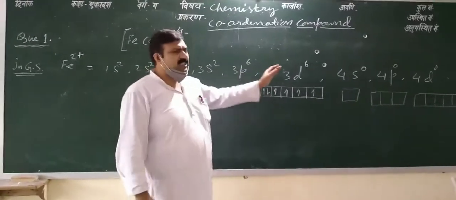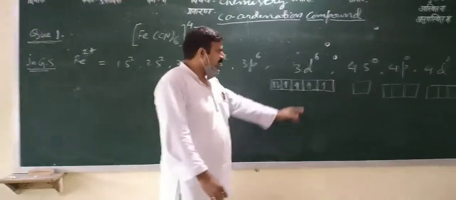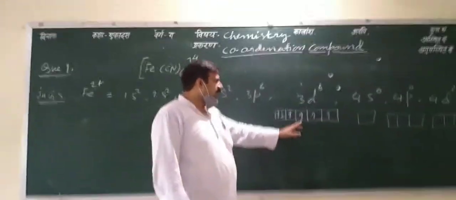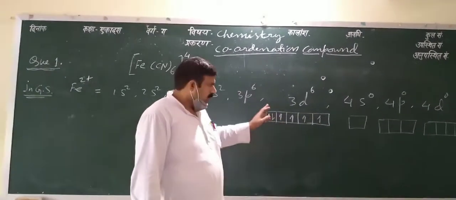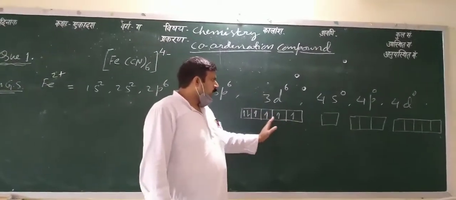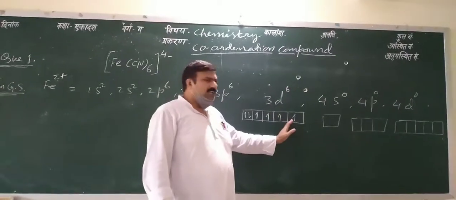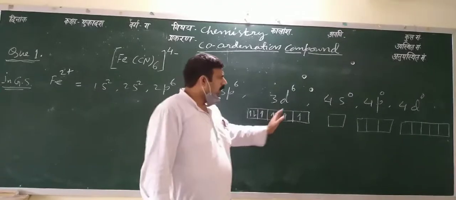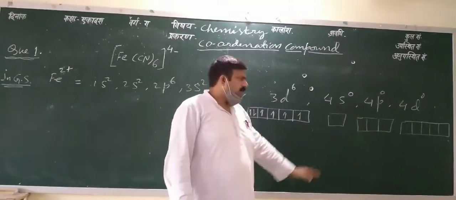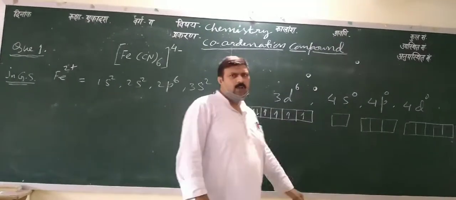So in presence of the CN- strong ligand, these electrons will be paired in these orbitals, so that two d orbitals will become empty and involve in hybridization with 4s and 4p orbitals.